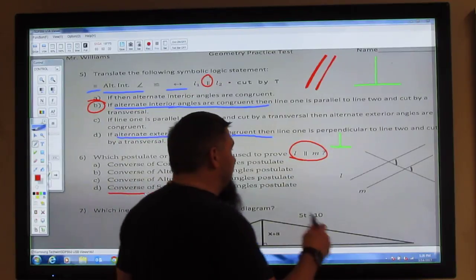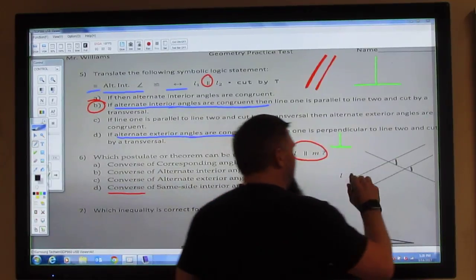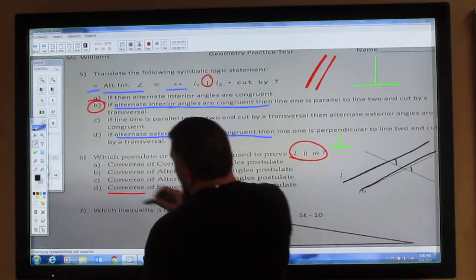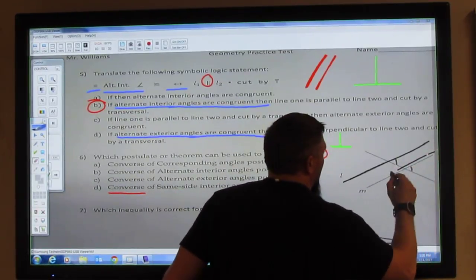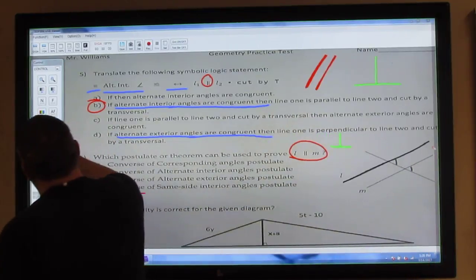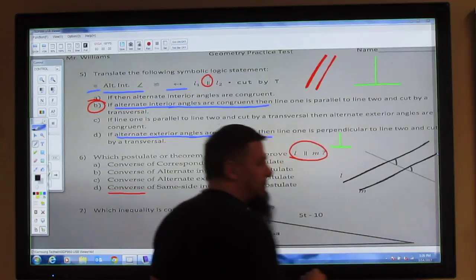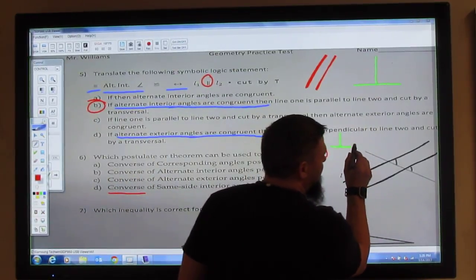So we have to remember yesterday, if we have two lines, whoops, that was really poorly written second line. We have two lines, and they're cut by a transversal, right?